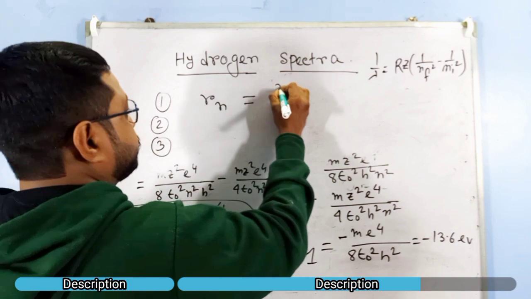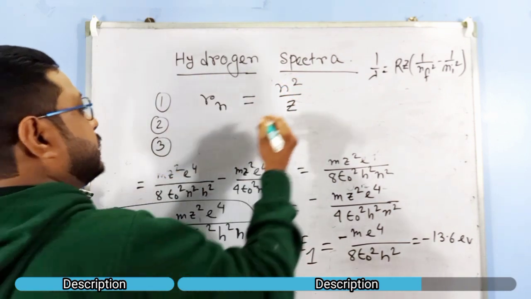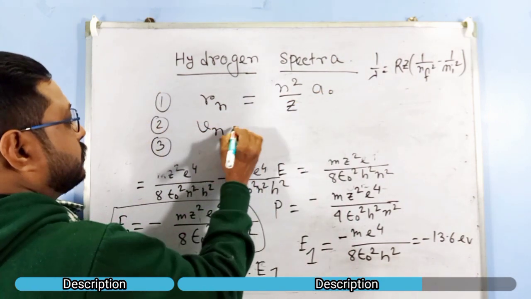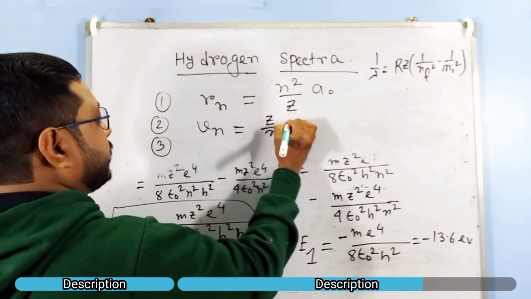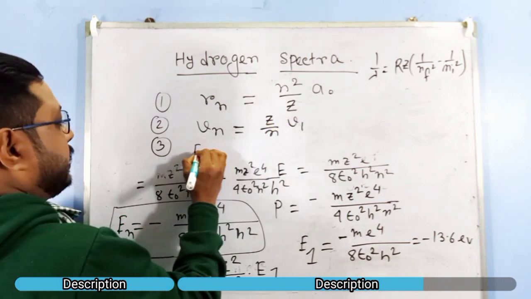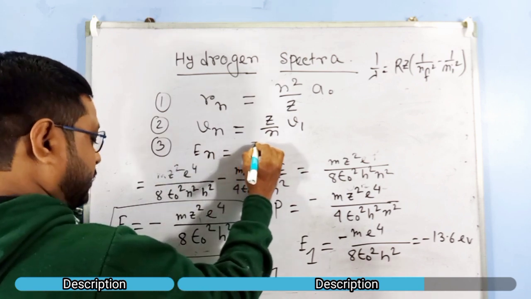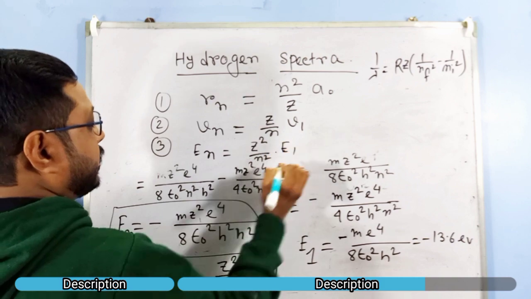Rn equal to n square by Z into A0. Vn is equal to Z by n into V1, and En must be equal to Z square by n square into E1.